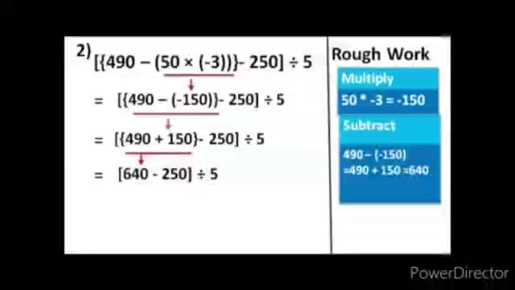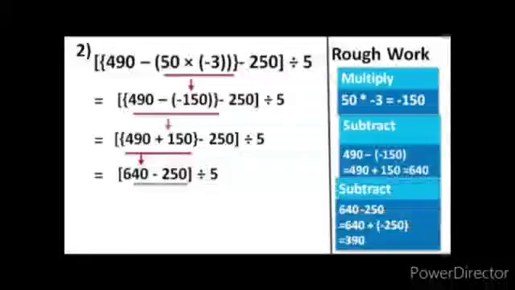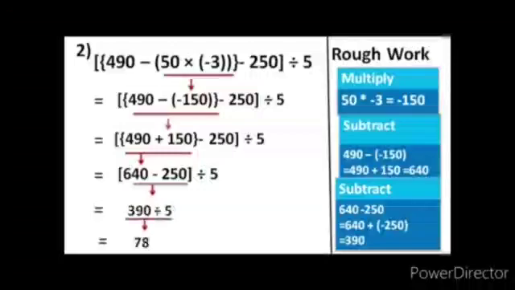We will solve the square brackets now. So we can see in our rough work we get 390. At last we have 390 divided by 5 and the answer is 78. Pause the video and try to solve it in your notebook using the steps as I taught you.